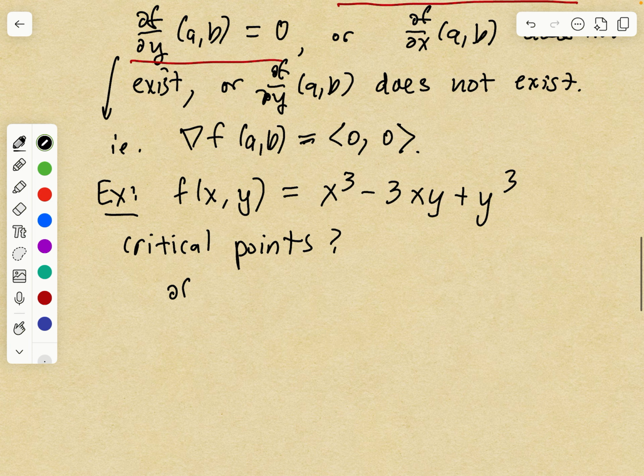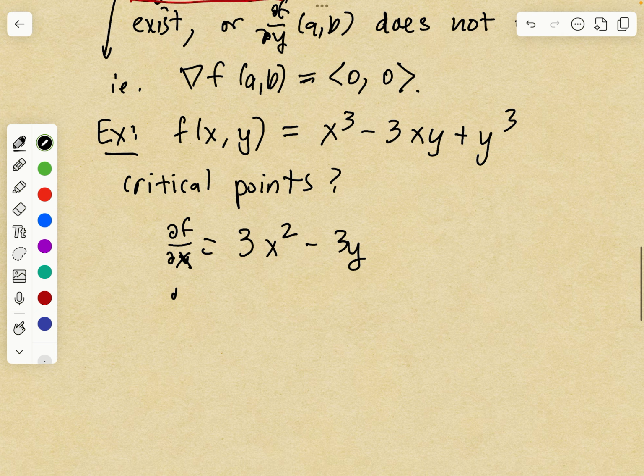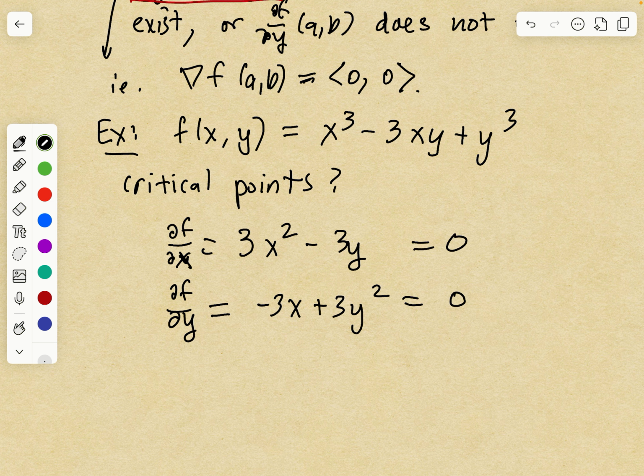So let's find the partial derivatives. The partial derivative with respect to x is 3x² − 3y, right? And then what's the partial derivative with respect to y? Negative 3x + 3y². So what we need to do is set both of these equal to 0 and solve for x and y. So we have these two equations.